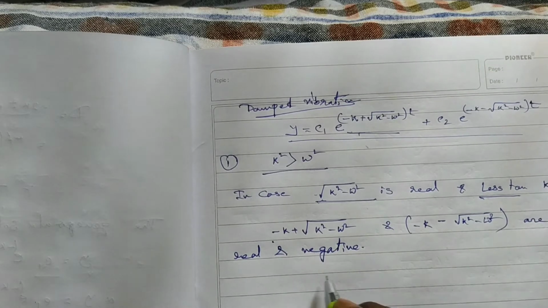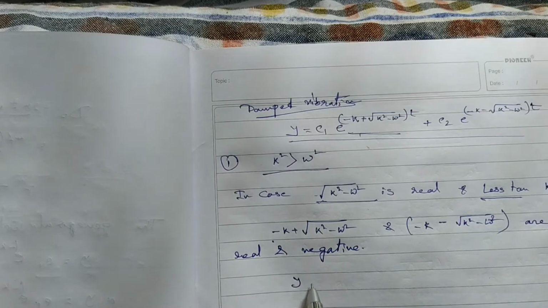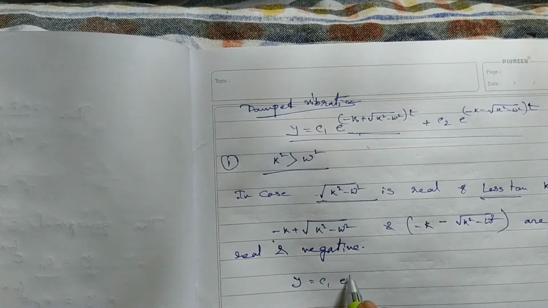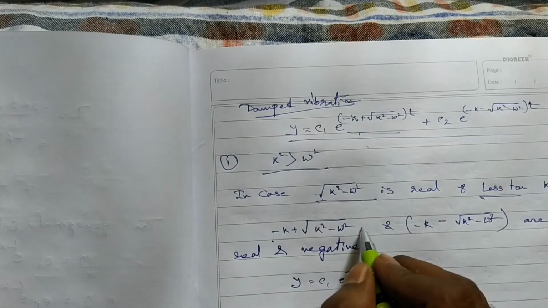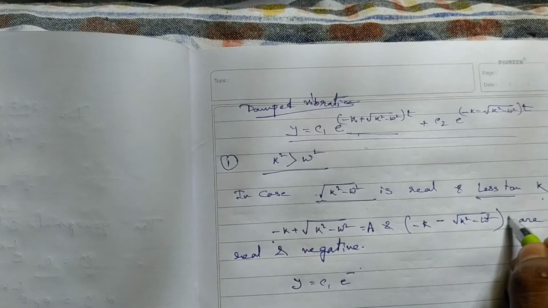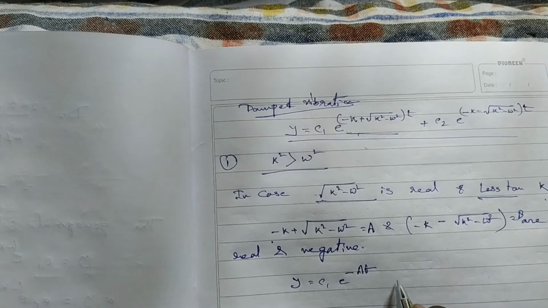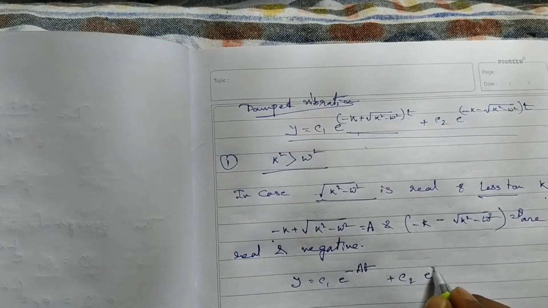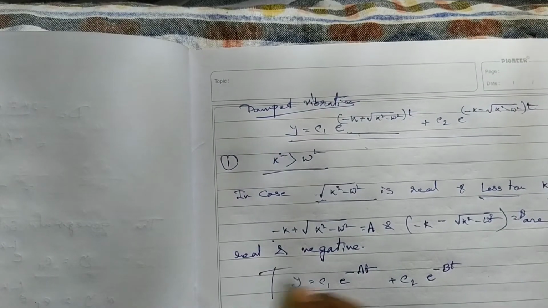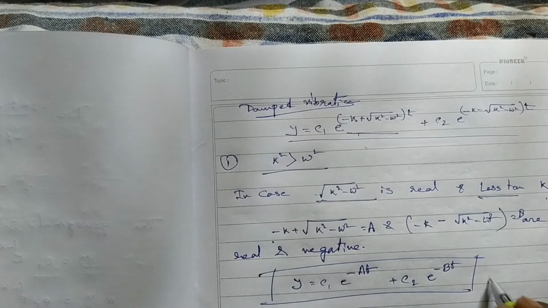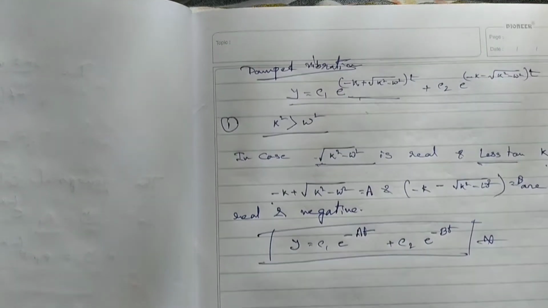So suppose this becomes a and this becomes b, so we have c1 e to the power minus at plus c2 e to the power minus bt. This is just for explanation, this is not required for the solution actually.